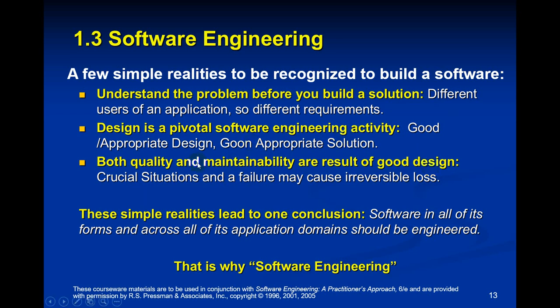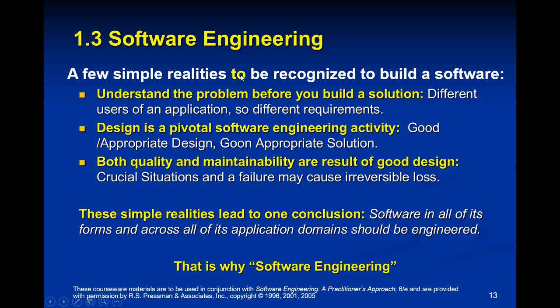Critical situations and a failure may cause irreversible loss. So we must design in such a manner that if there is some issue or problem in the software, we can look at the design, make any change in the software, and make it run again.